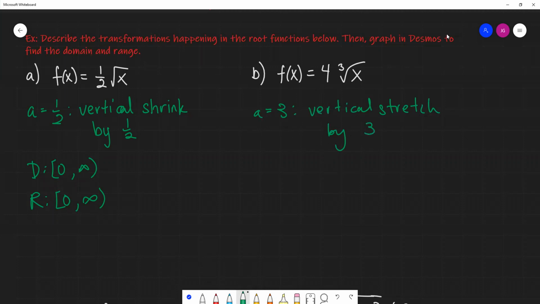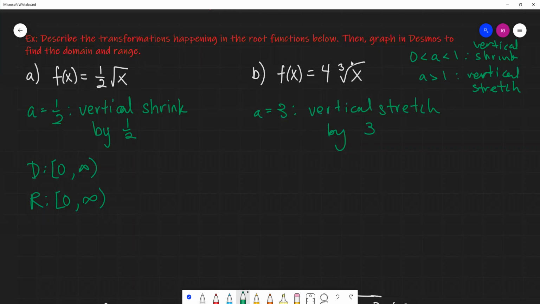If you don't remember, if a is between 0 and 1, that's a vertical shrink. And if a is bigger than 1, then it's a vertical stretch. Cool. And again, no h or k.